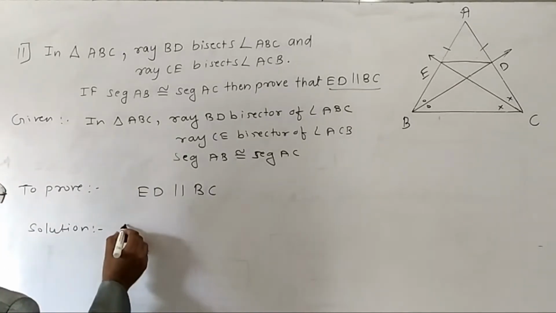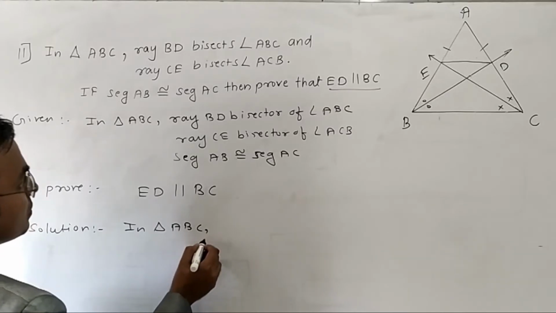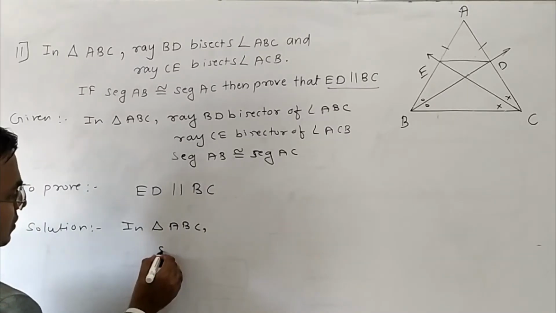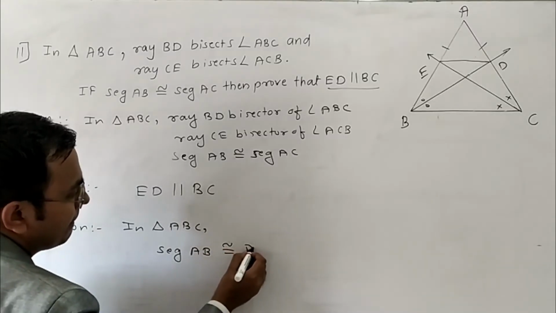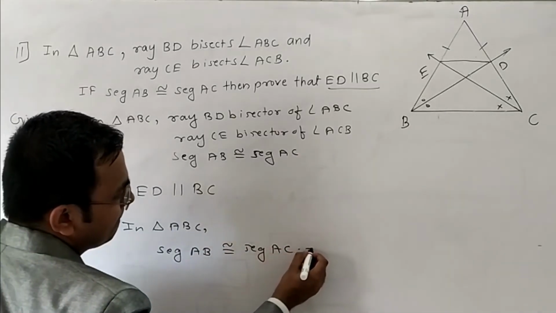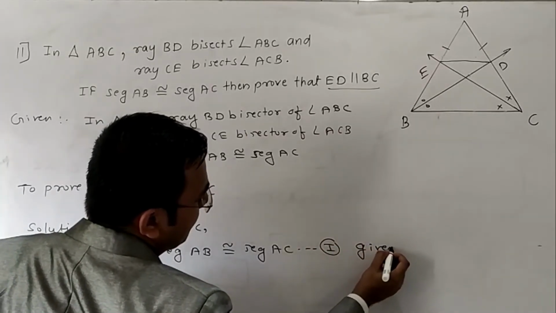Okay, in triangle ABC, segment AB is congruent to segment AC, equation number 1, it is given.